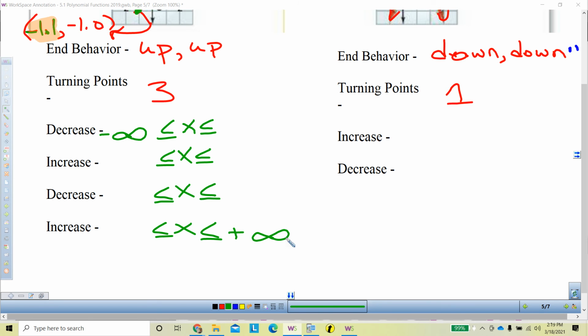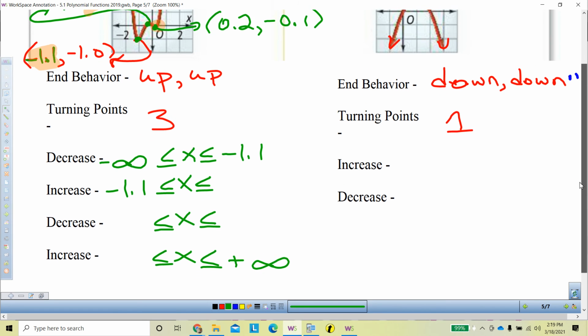So then all I have to do is write my x values in order, left to right. So the first x value, you can see up here in that orange highlight, is negative 1.1. So that's the first one I do up here. That repeats right here. Okay, it always works that way. Starts at negative infinity, first x value repeats below. Then I look for my second x value.